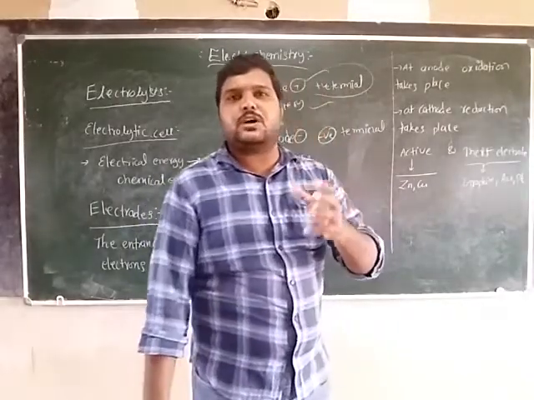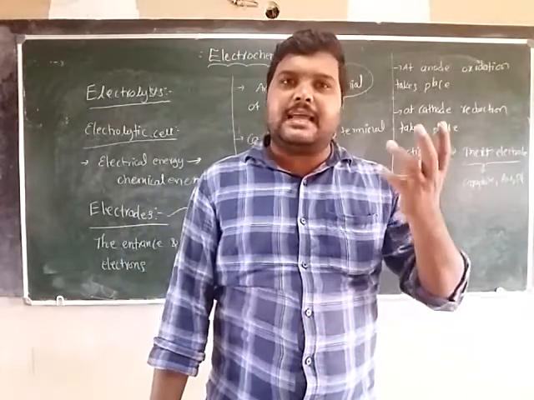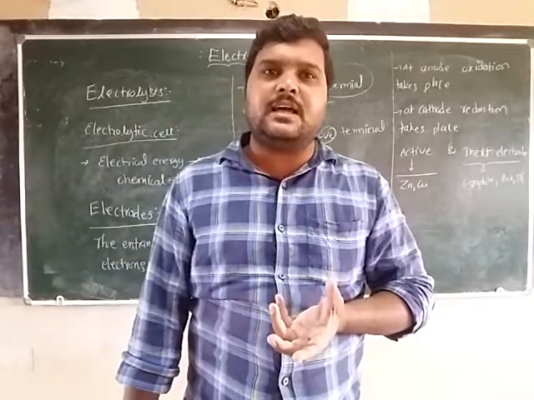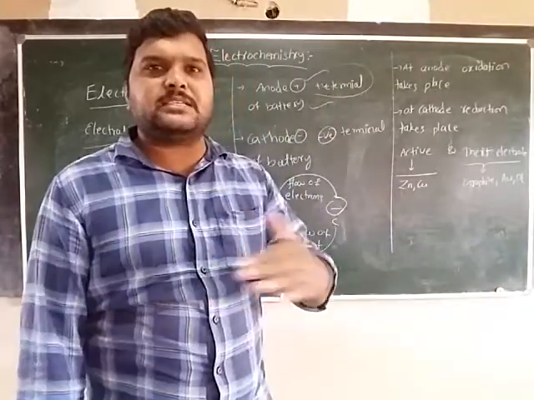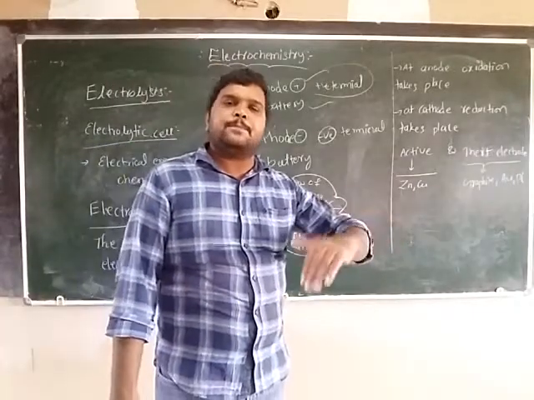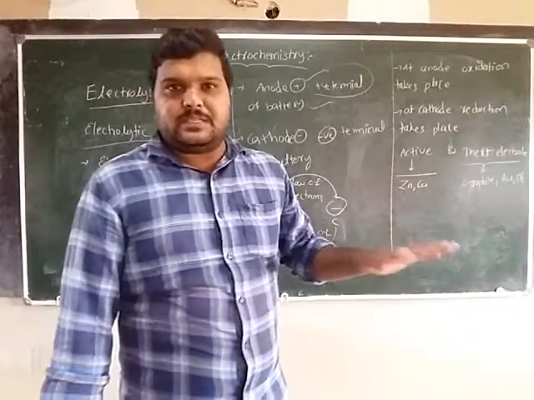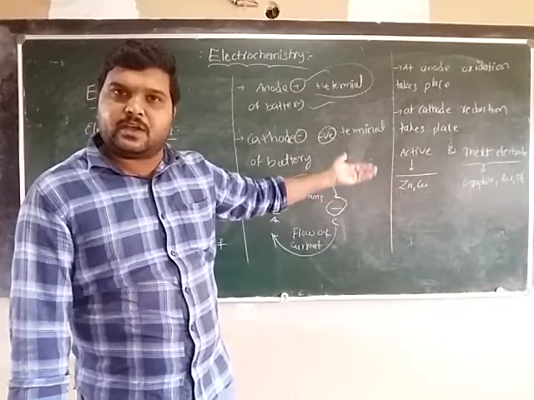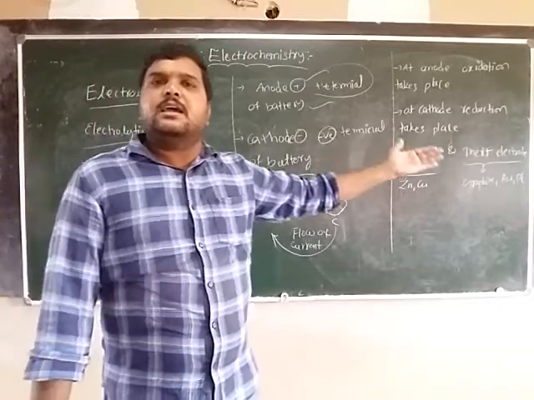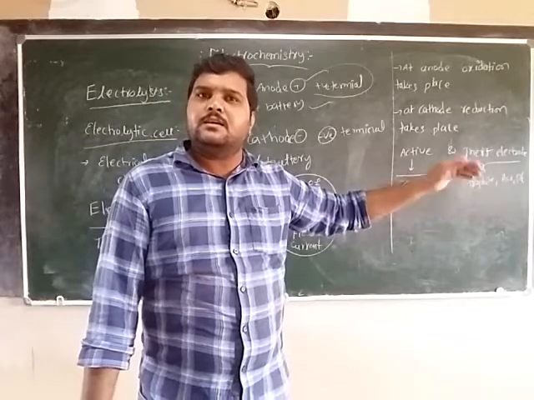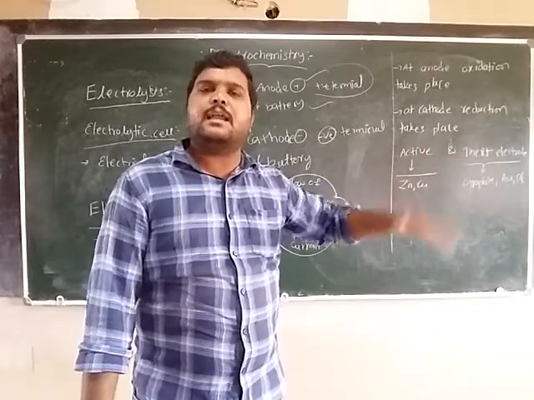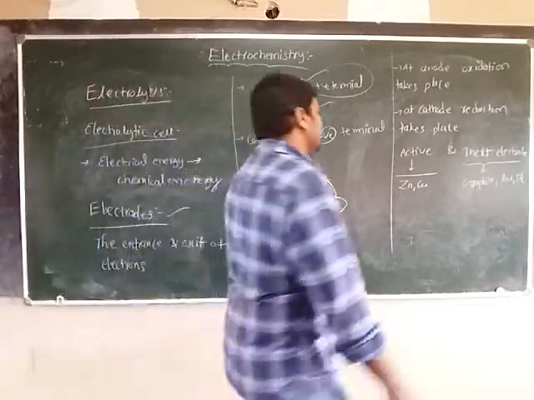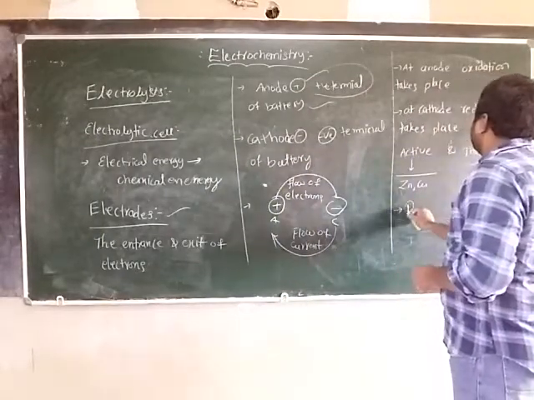You will see the difference between using active electrodes or inert electrodes in the electrodic reactions, but remember this: inert or inactive electrodes do not participate in the electrodic reactions.